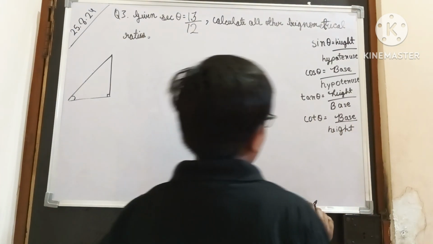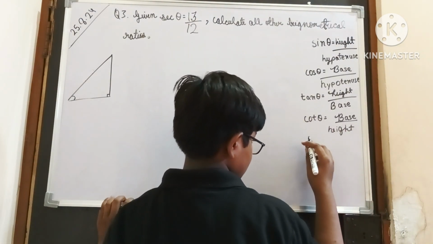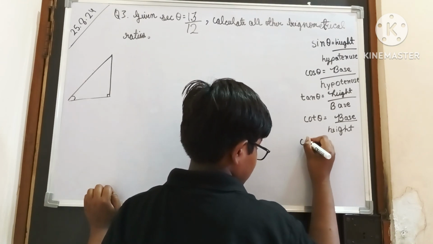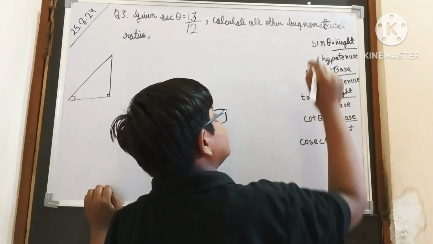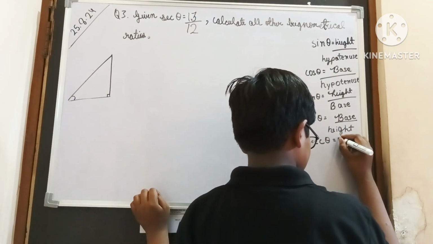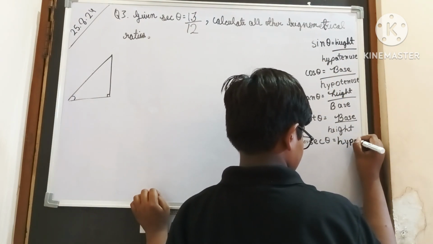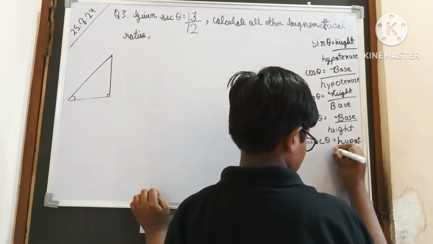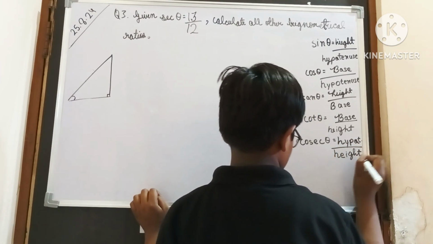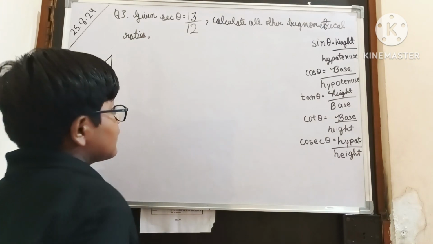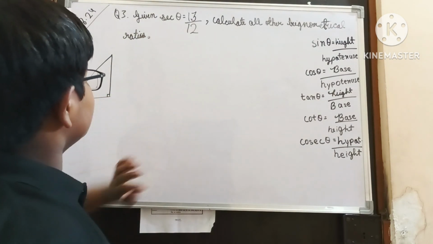And our next is cosec theta, which is the reciprocal of sin theta, which is hypotenuse divided by height. And our last is sec theta, which is given to us.